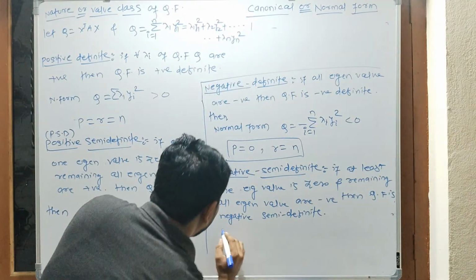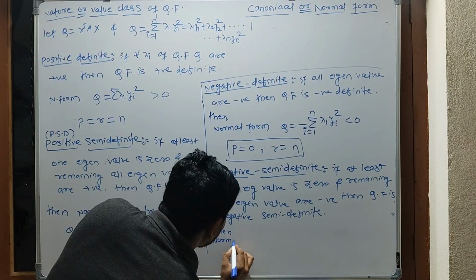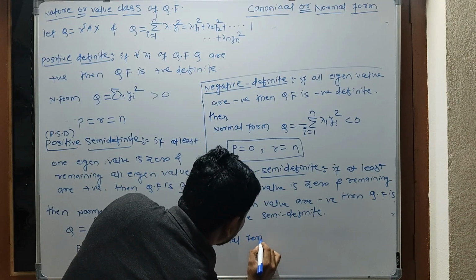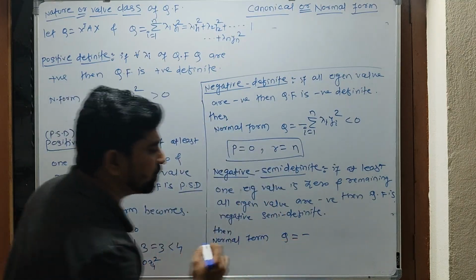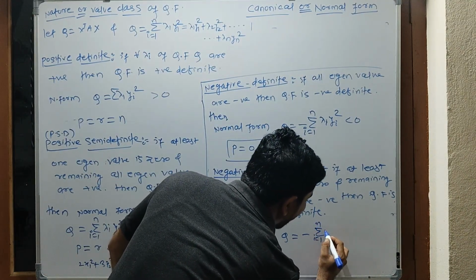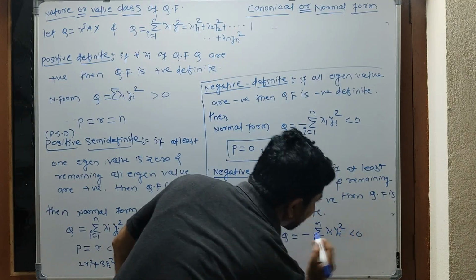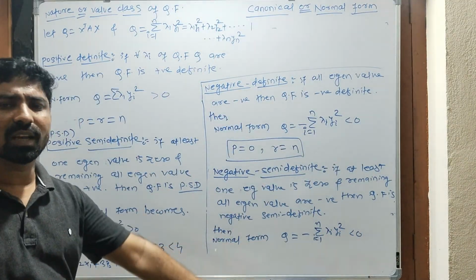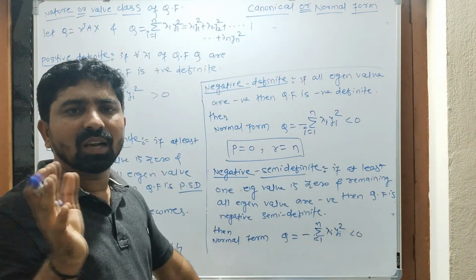So here the normal form becomes q equal to summation i running from 1 to n lambda i y i square, which is strictly less than 0. So here at least one is 0 and all the remaining are negative.